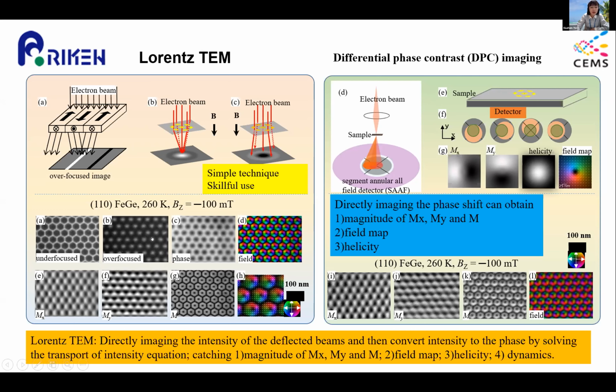Here I show you the Lorentz TEM observation and also the DPC observation for a skyrmion lattice in the chiral magnet iron germanide. For the Lorentz TEM observation, we initially image the defocused Lorentz TEM images, under focus and over focus.